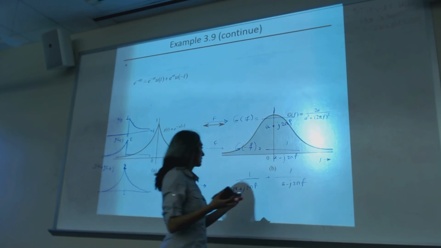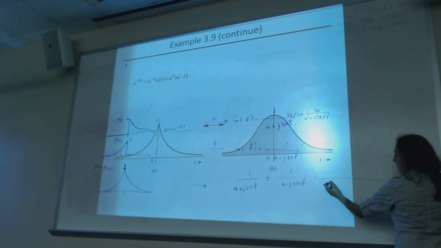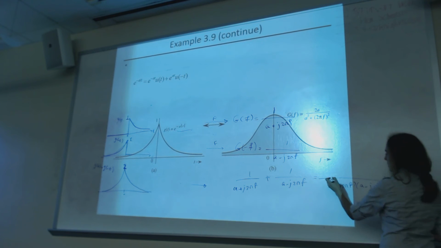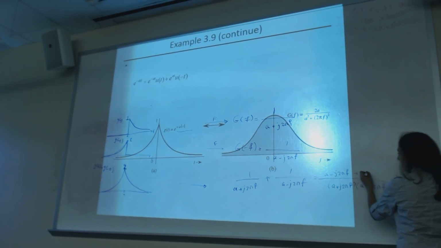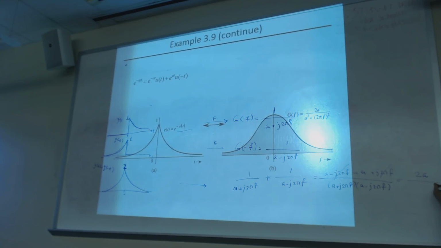To add these two, I have to make the common denominator. The imaginary terms cancel each other out, so I get 2a, and then the multiplication of these two gives a squared, minus 2 pi f squared, and then I have a j squared as well. j squared gives me minus 1.